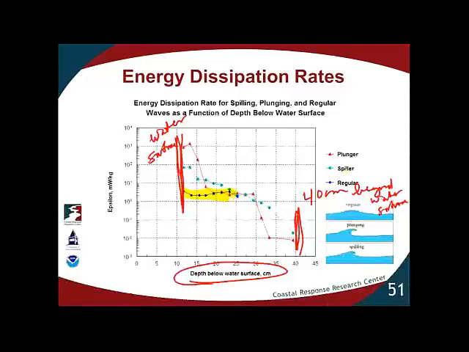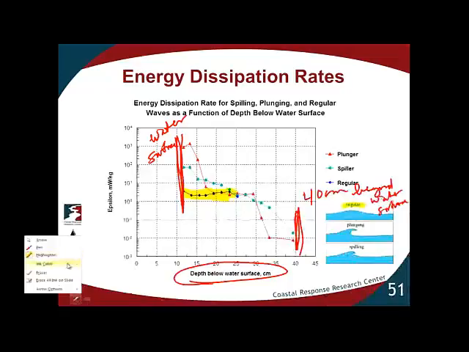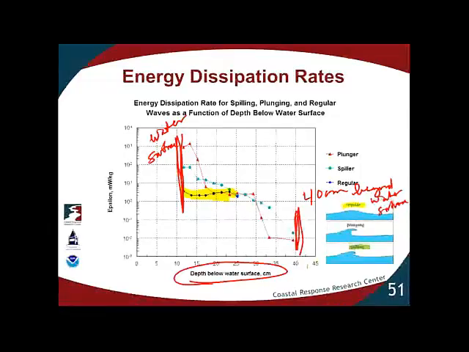If we look at the spilling wave, and I've got the pictures over here, so here's the regular wave in yellow, all right? Now I'm going to highlight the spilling wave in green, okay? So here's the spilling wave. And again, remember, it just kind of curls over and burbles down the front. So if we look at the spilling wave, this is it.